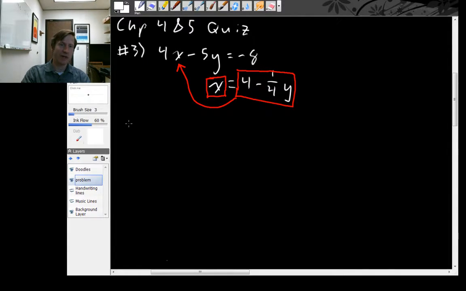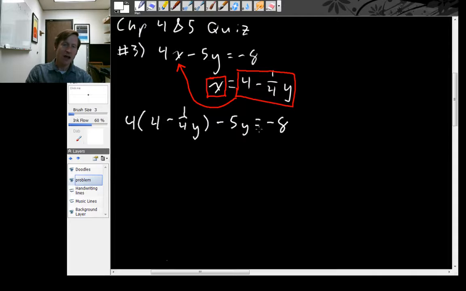When we do that, we get 4 times 4 minus 1 over 4y, minus 5y equals negative 8. This equation has only one variable, just y, so we can solve this equation for y. To do that, let's distribute right here to deal with these parentheses.